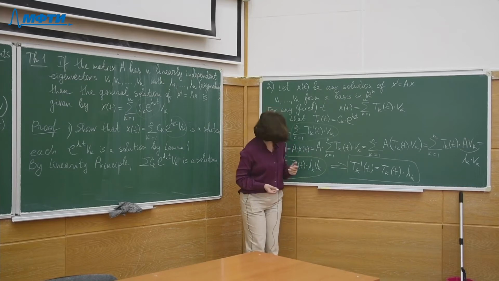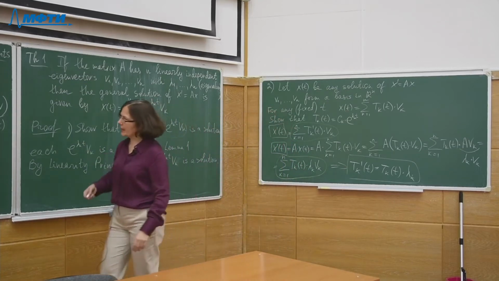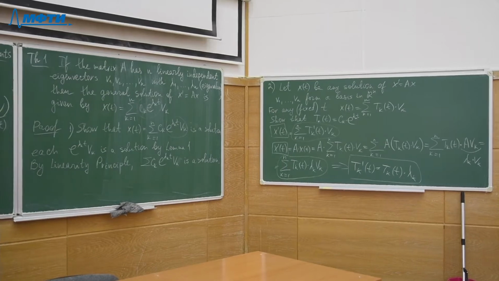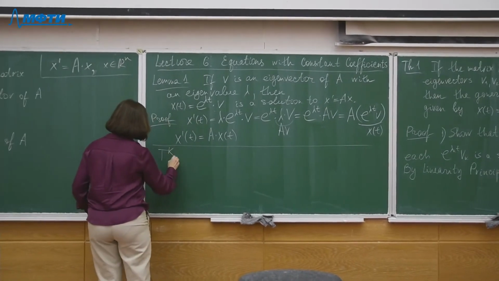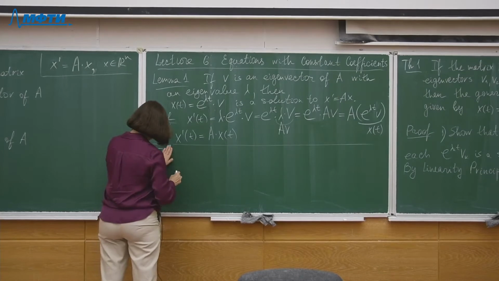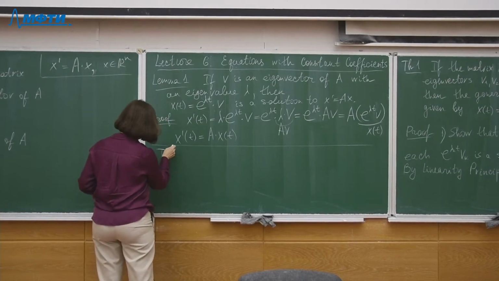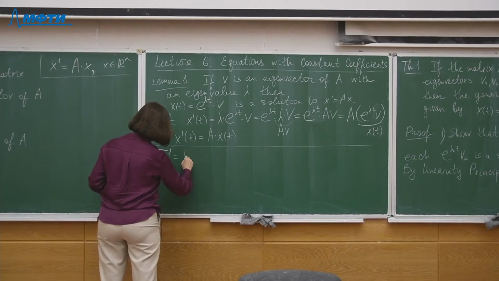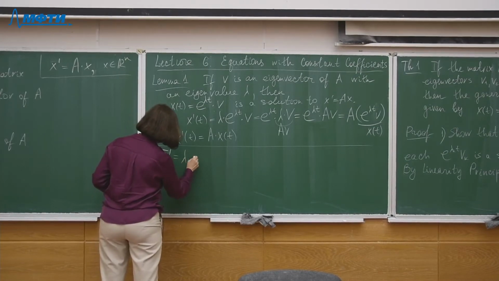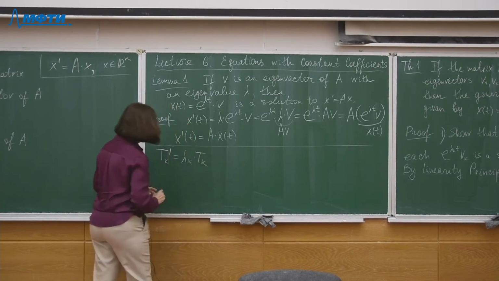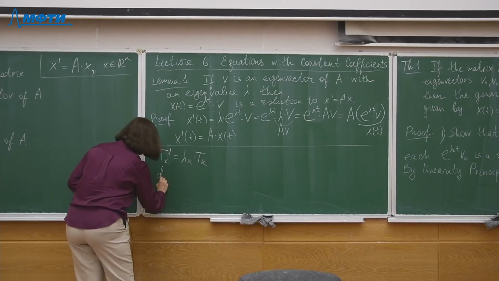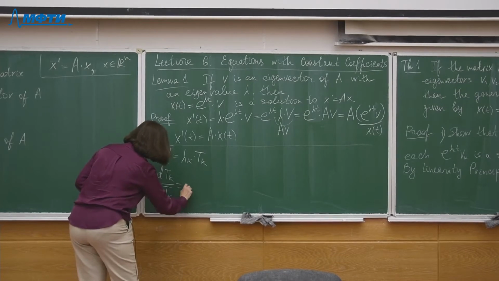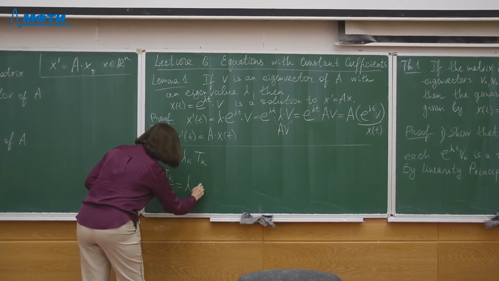I will use that part of the green board. So I'm trying to solve this. Tk prime equals lambda k times tk. Let's separate the variables. Dtk over tk equals lambda k dt.